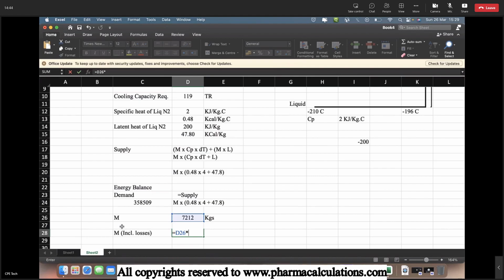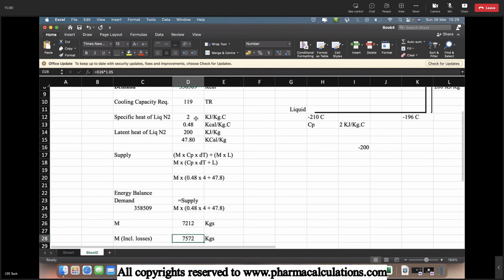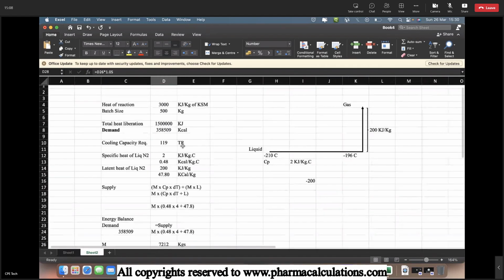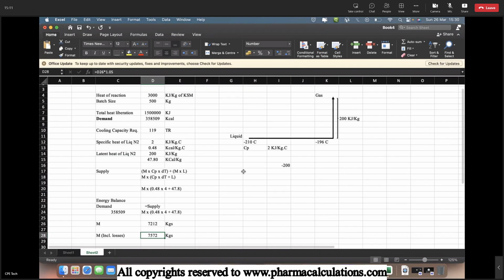So I'll be multiplying this with 1.05. So approx 7,500 kgs of liquid nitrogen is required to perform the reaction and to compensate the energy liberation of almost 3000 kilojoules per kg of KSM. So this is how we need to estimate the liquid nitrogen consumption.